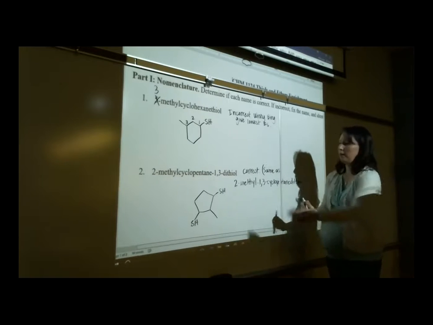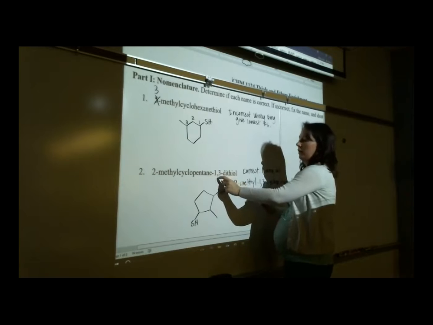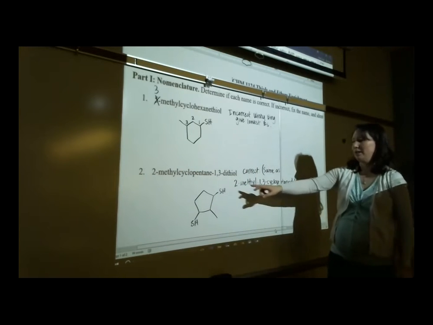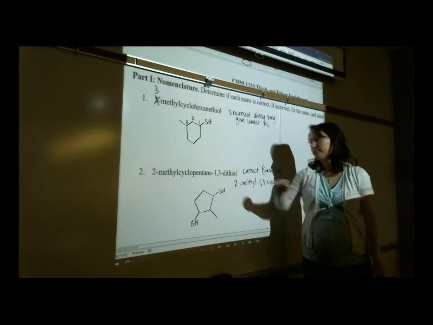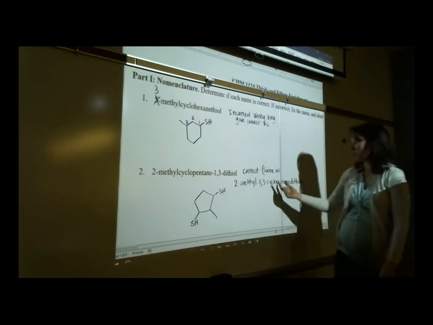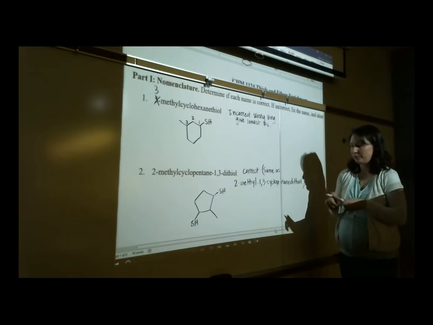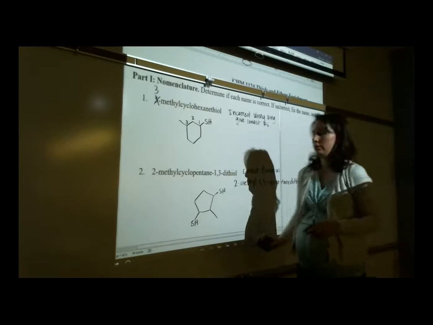Your textbook, instead of putting the 1, 3 as part of the parent, just takes this and moves it in front. That's just the same thing as saying pent-2-ene, or 2-pentene. So your textbook just moves it out front, and this is all one continuous word. They're the same thing. So yes, that is correct. We good on these 2?